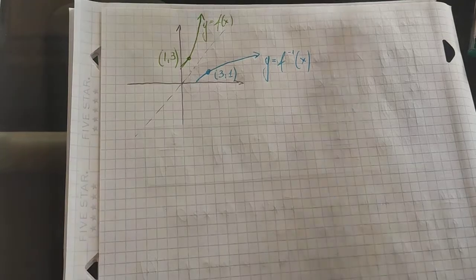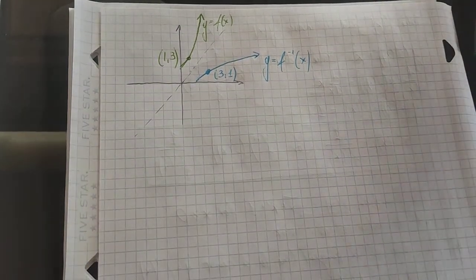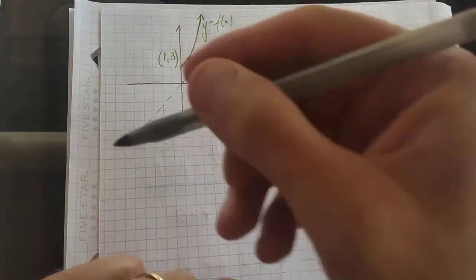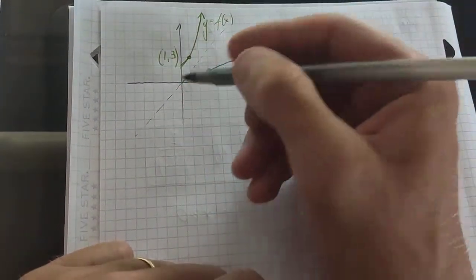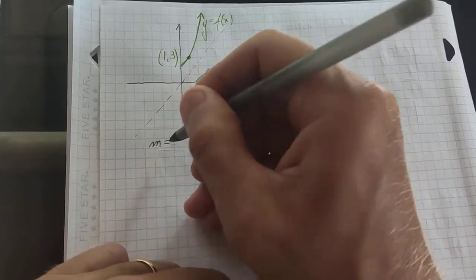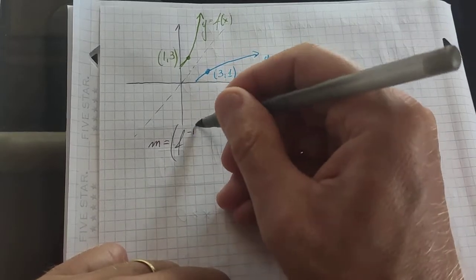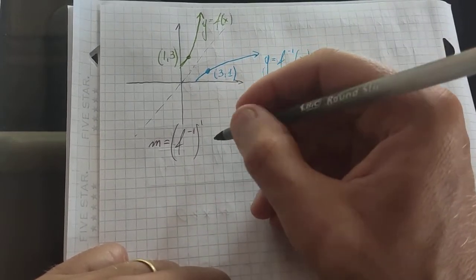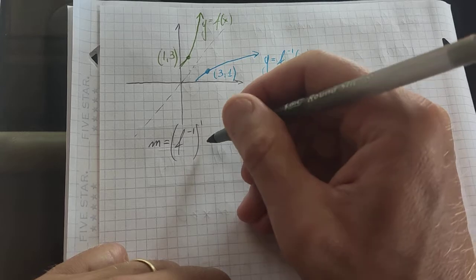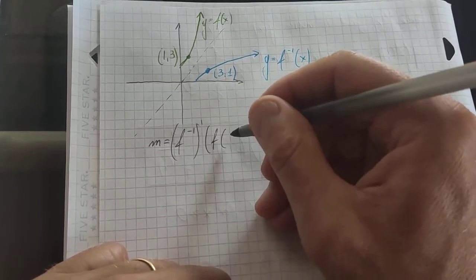Okay, so now the formula for slope is just the derivative of the inverse at that point. So m equals the derivative of the inverse, and now this is important. This is a pretty big pitfall for a lot of students.